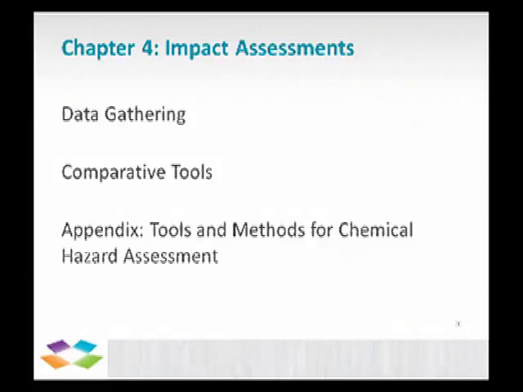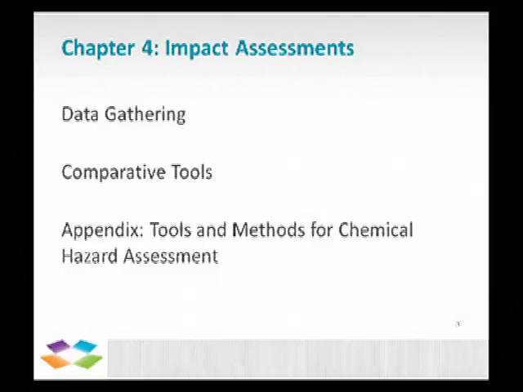This chapter provides a brief description of approaches if the data are not available, if there's no experimental or measured data available. Although there's only a brief description about these approaches, Chapter 9, which is under development, will be discussing more about data gathering and data gaps.